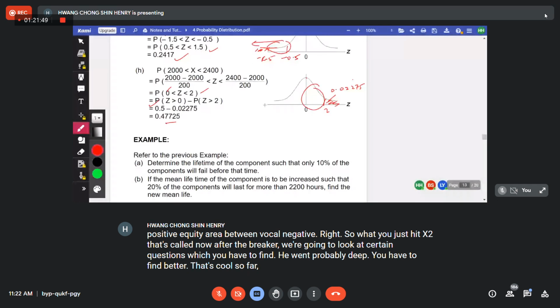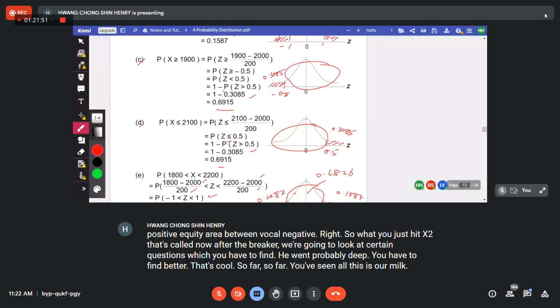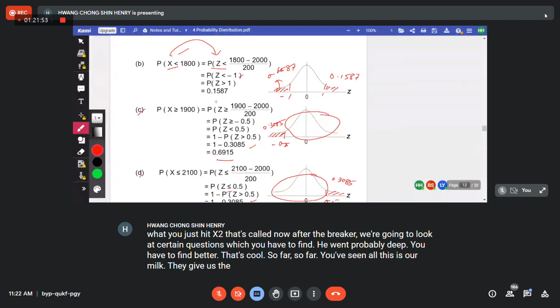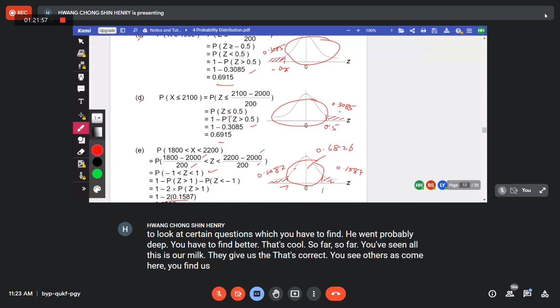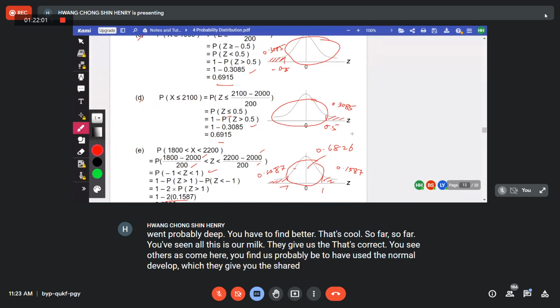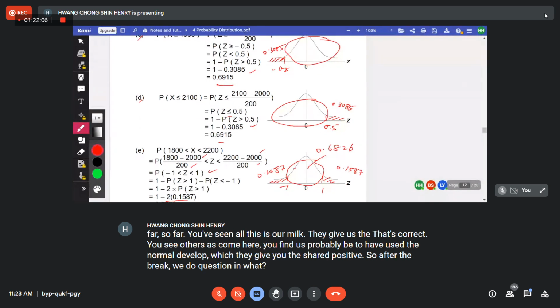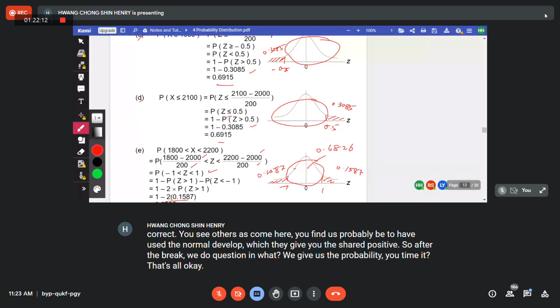So far, you have seen all these examples where they give us the Z-score and you find the probability, using the normal table, which gives you the shaded offset one. So after the break, we do questions the other way. They give us the probability, you find back the Z-score. Okay, we take a 5 minutes break now.